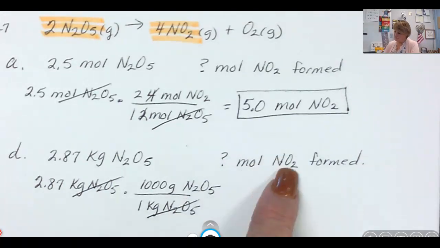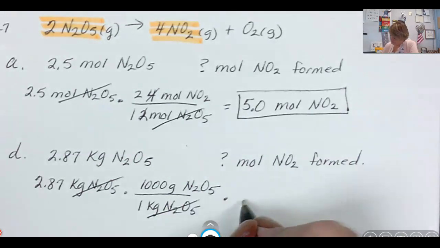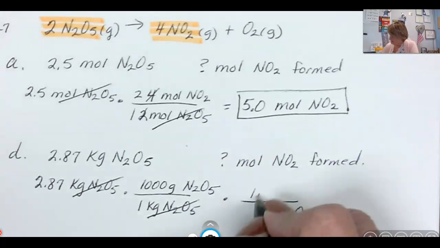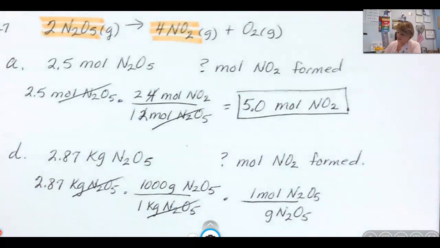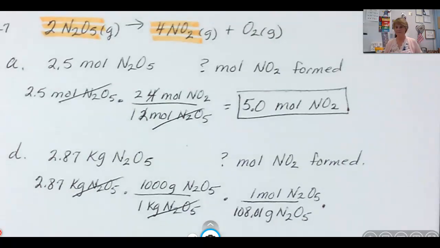I'm eventually going to need to get to moles of the nitrogen dioxide. So what do I need to know next as a step? Okay, so hopefully you saw that you need to do a gram to mole conversion of the dinitrogen pentoxide. So calculate out the mass of dinitrogen pentoxide. Okay, so I got 108.01.